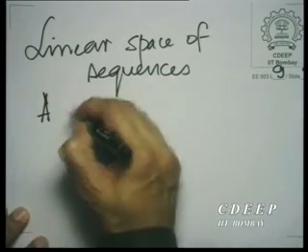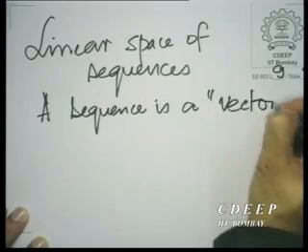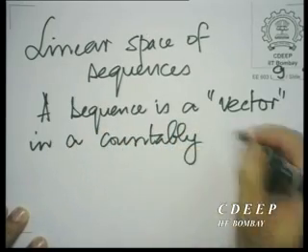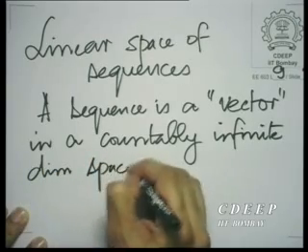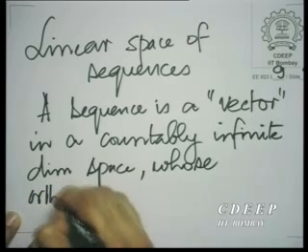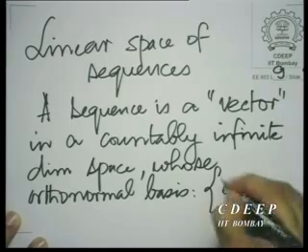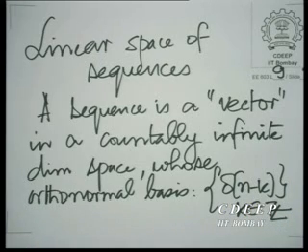So, a sequence is like a vector in a countably infinite dimensional space, whose orthonormal basis is essentially the set of all unit impulse sequences. Put a unit impulse at every integer location, and each of these gives you a separate perpendicular vector.